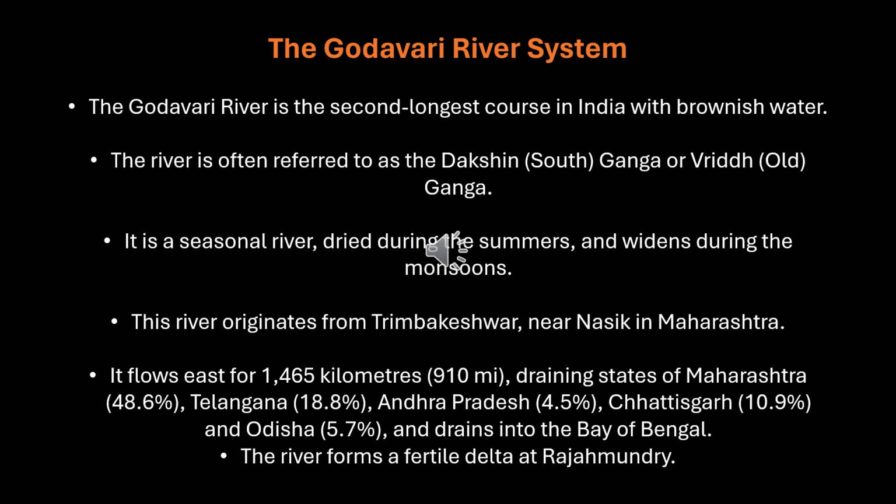It flows east for 1,465 kilometers, 910 miles, draining states of Maharashtra, 48.6%, Telangana, 18.8%, Andhra Pradesh, 4.5%, Chhattisgarh, 10.9%, and Odisha, 5.7%, and drains into the Bay of Bengal. The river forms a fertile delta at Rajamundry.